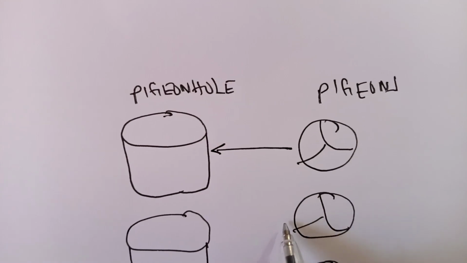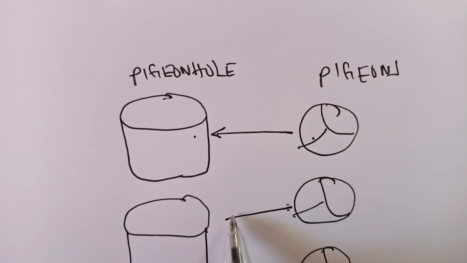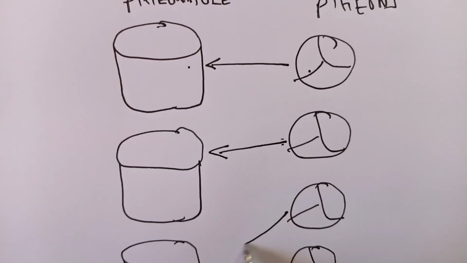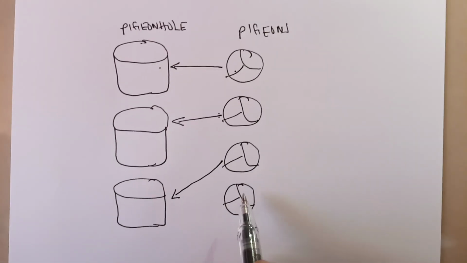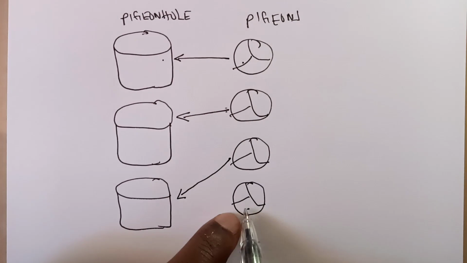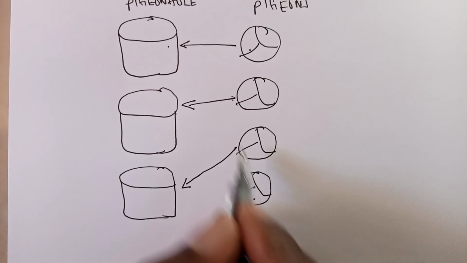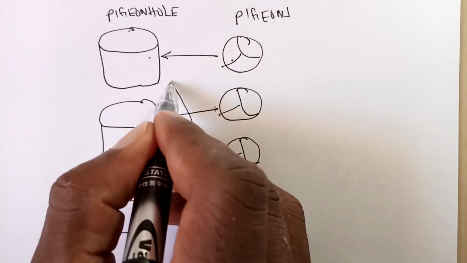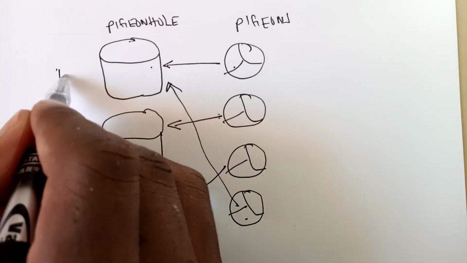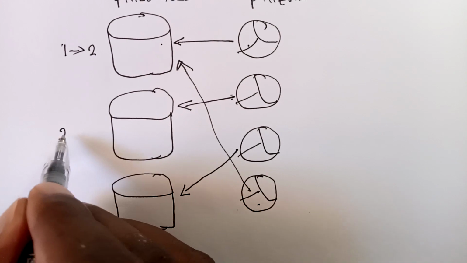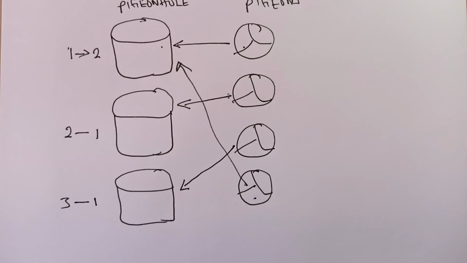If we take the first ball to the first basket, the second ball to the second basket, and the third ball to the third basket, you notice that we have one ball that is not accommodated, so we take it to any of the baskets. Let me take it to the first basket, such that the first basket holds 2 balls, the second basket holds 1, and the third basket holds 1 ball.